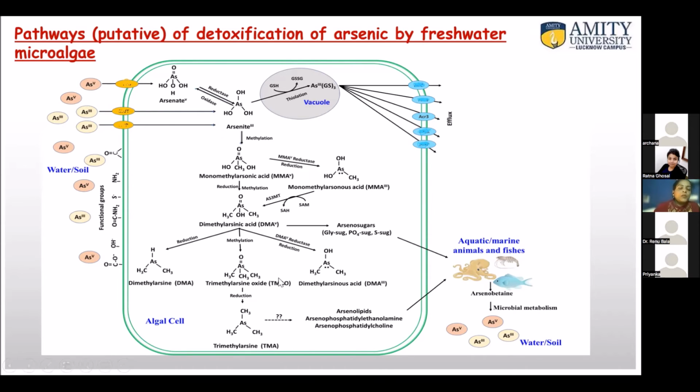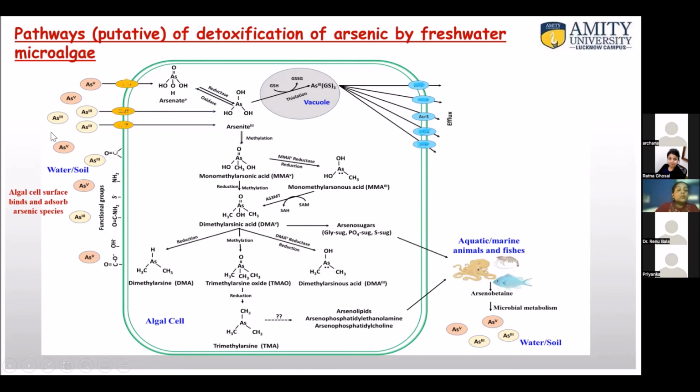What we speculated is that the algal surface binds and absorbs the arsenic species. There are many functional groups present, carboxyl, hydroxyl. These groups help to absorb this arsenic species.